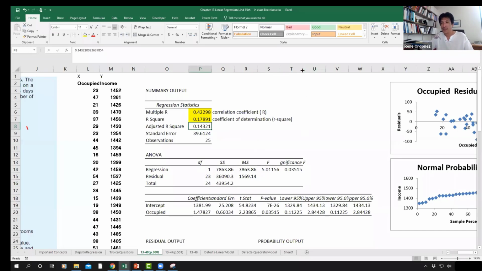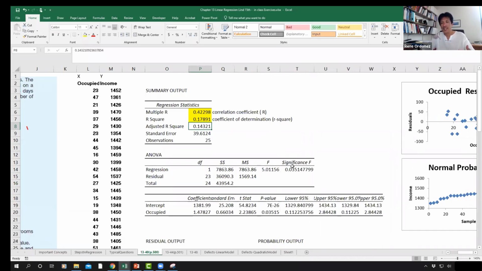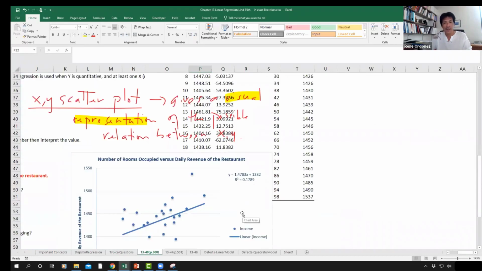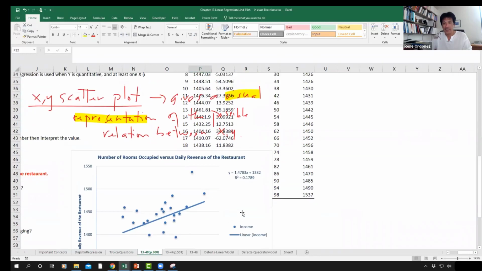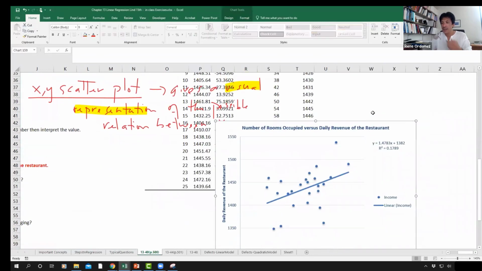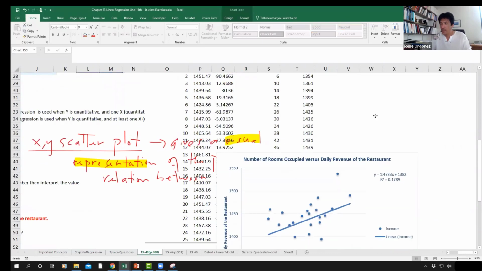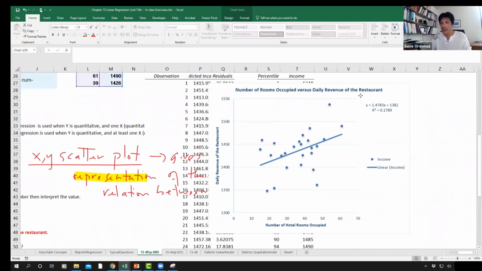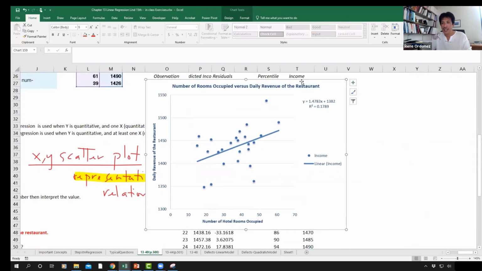Now, how about this ANOVA table? Or how about this output here? Now, recall that down in the graph over here, let me move this up so you can see.